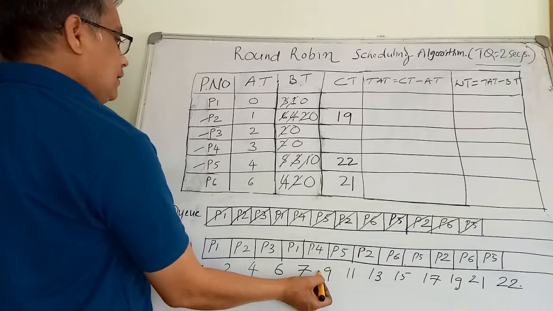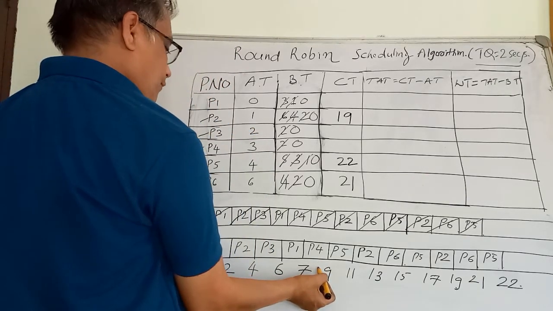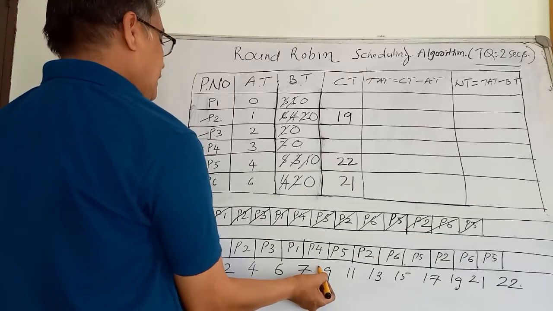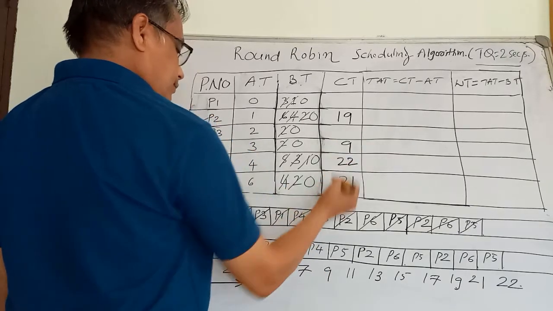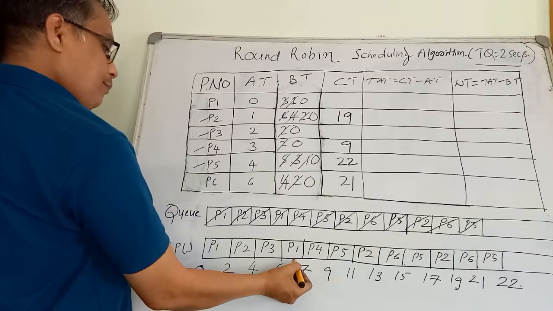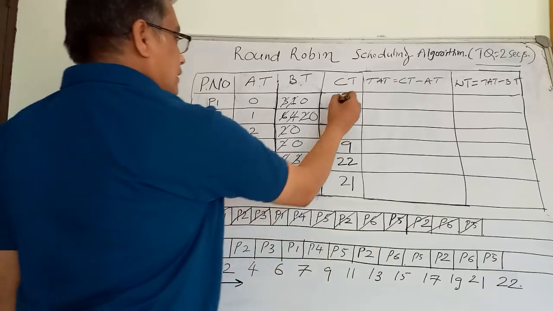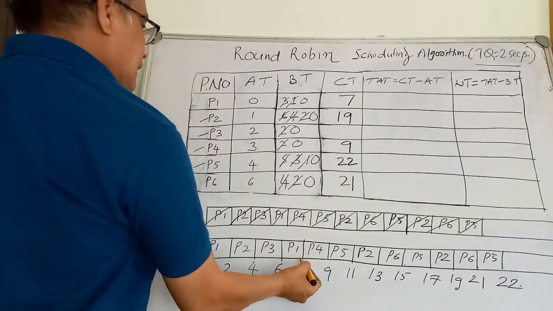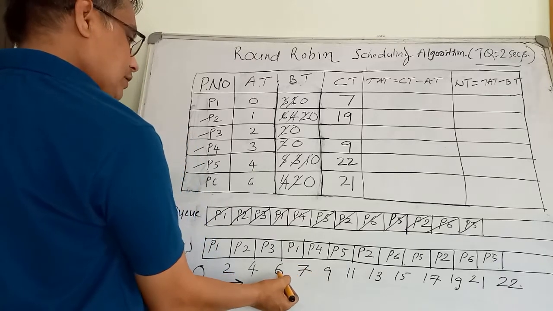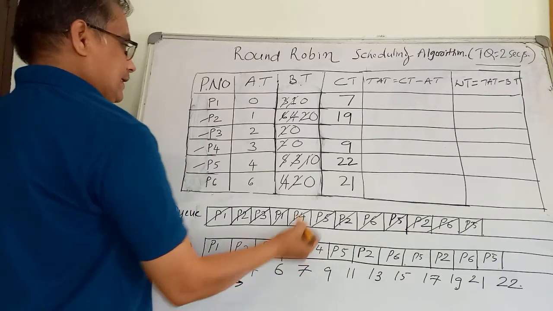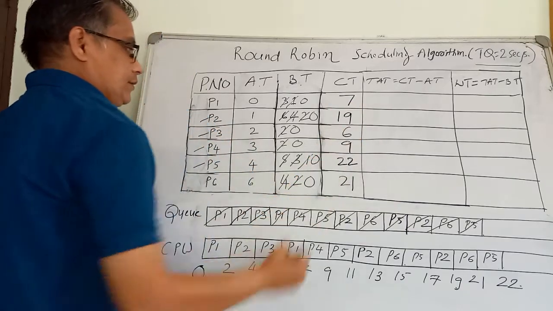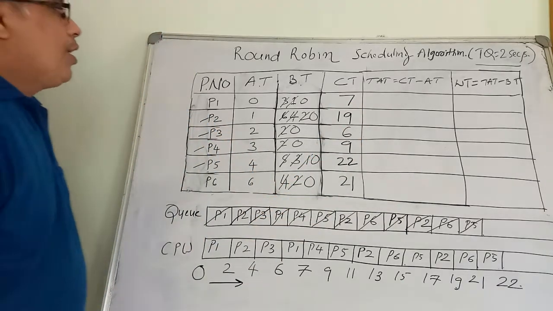P4 got completed at 9 seconds. Then P1 got completed at 7 seconds. Right? P3 got completed at 6 seconds, 6 units. Okay.